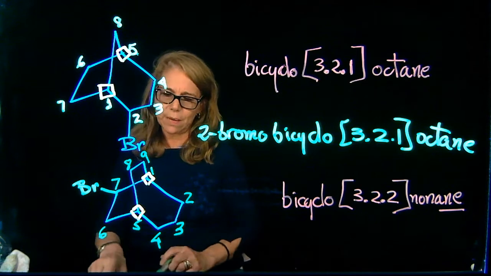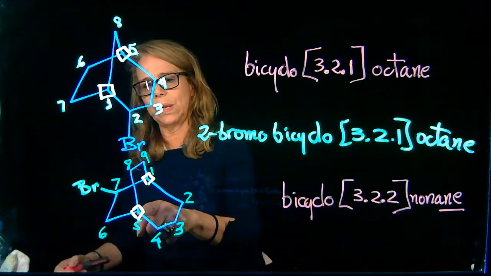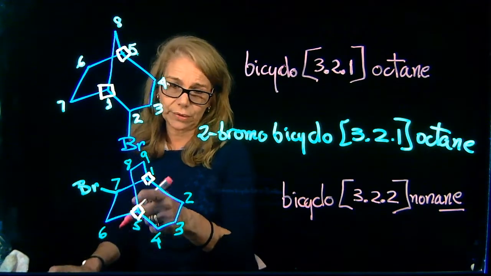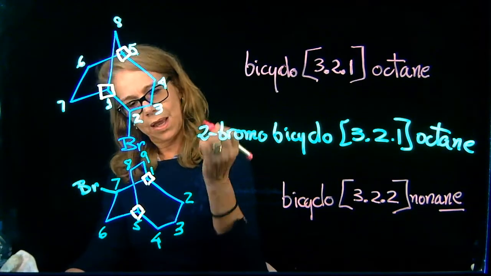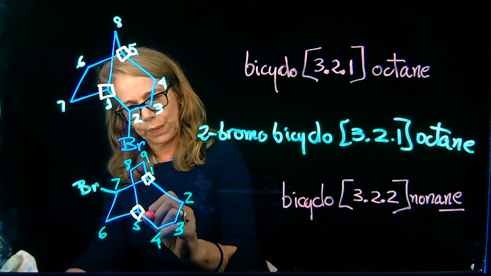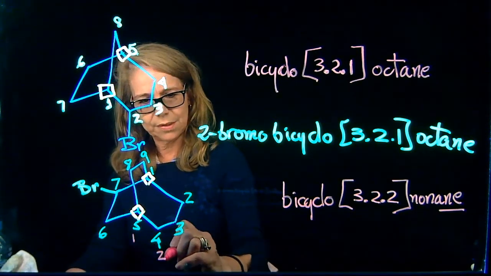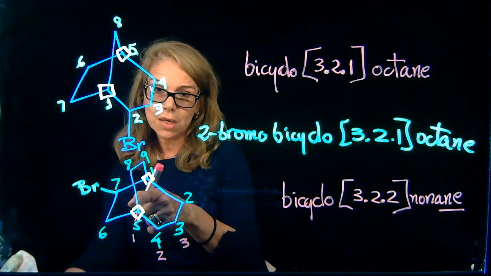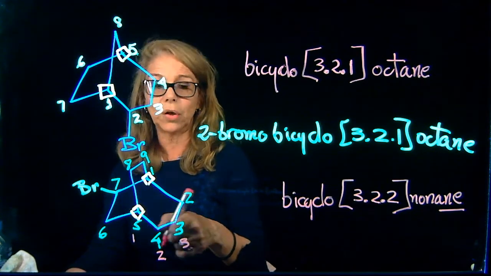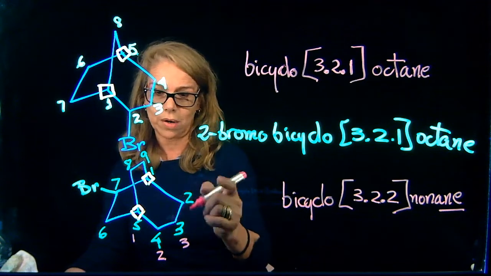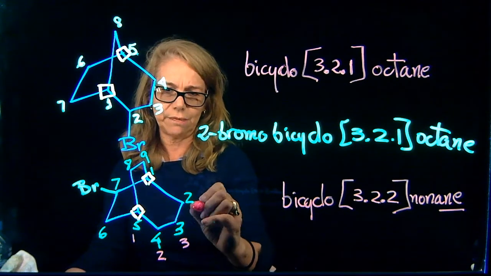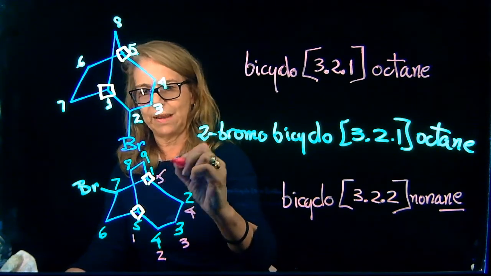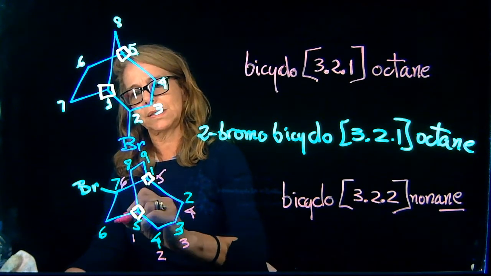So let's see what happens if I start the numbering using the other bridgehead. So in that case, it will be 1, 2, 3. Again, I need to select one bridgehead and then go for the largest one. 1, 2, 3, 4, 5. And guess what? 6, 7.